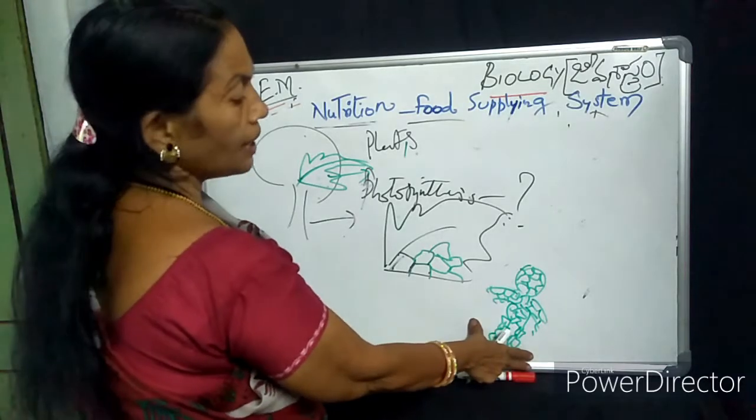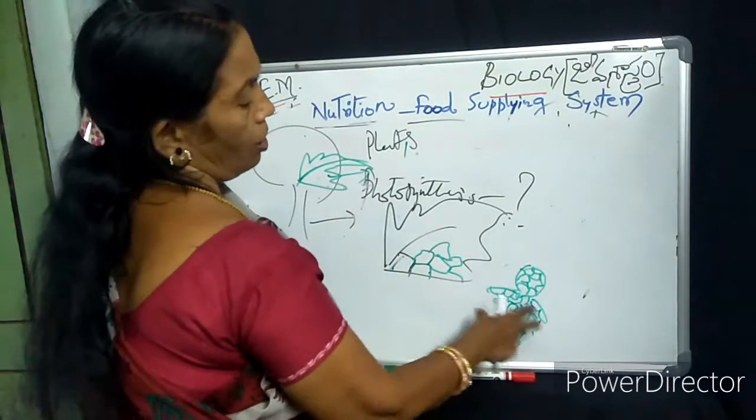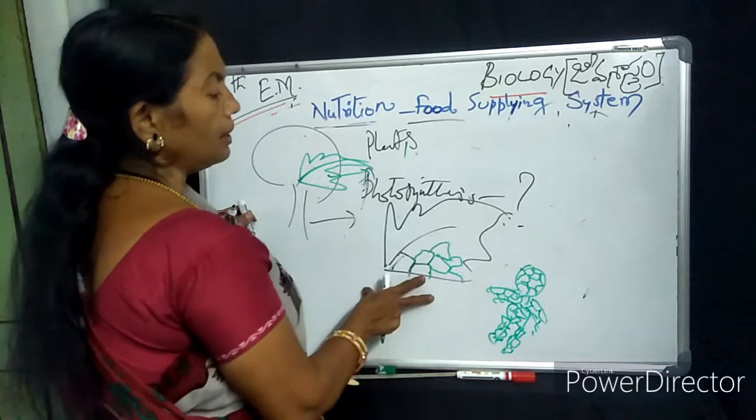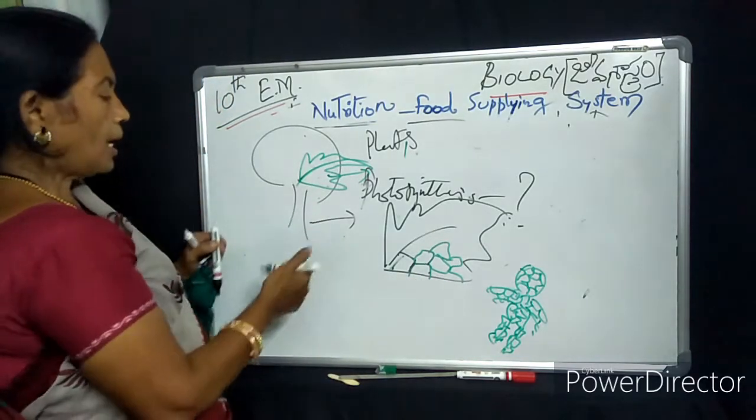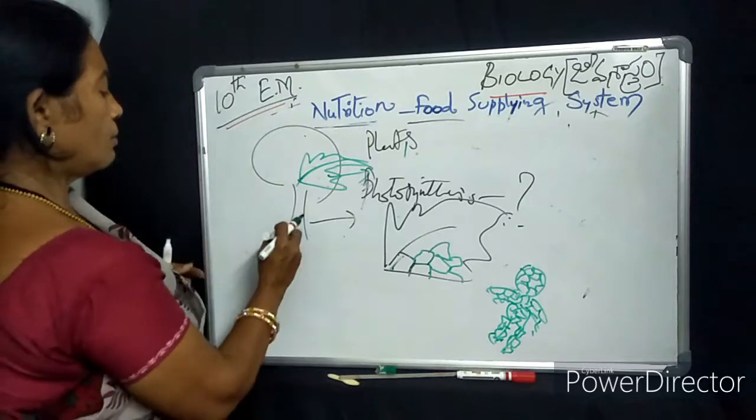So this animal has cells, the whole body has cells, and this leaf, this stem, and these roots also have cells.